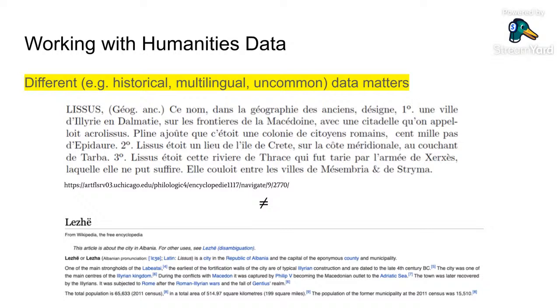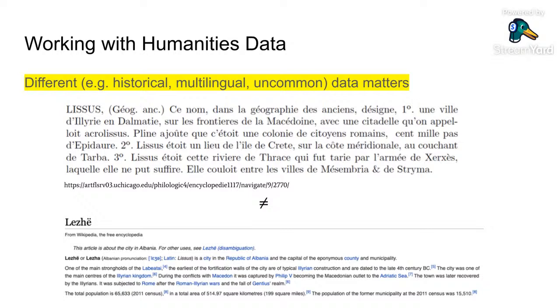And so it's very clear to us that the information about Lissus that's contained in the Encyclopedia, as well as the way that it's written about, these rhetorical strategies for communicating about place, are very different from the way that we communicate about what might be the same place today.